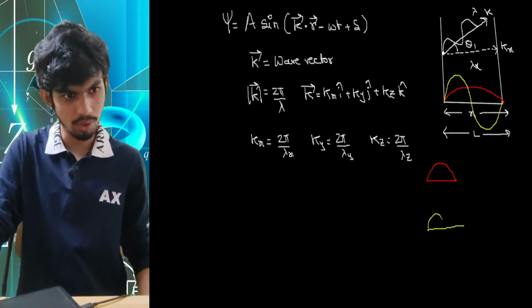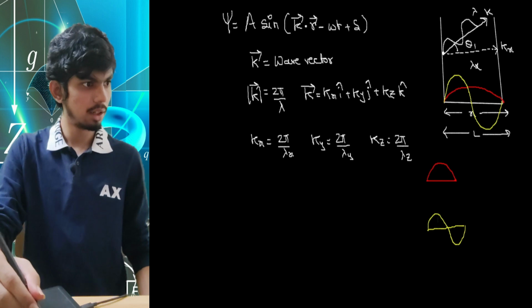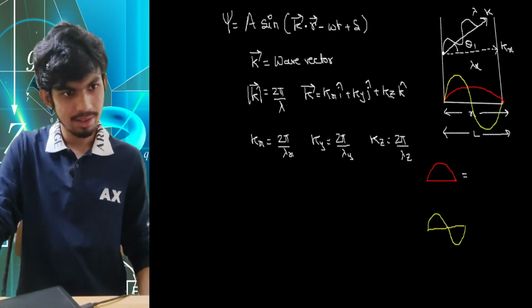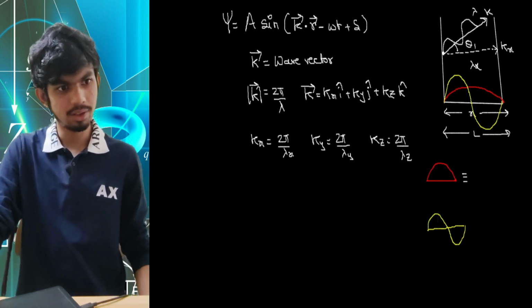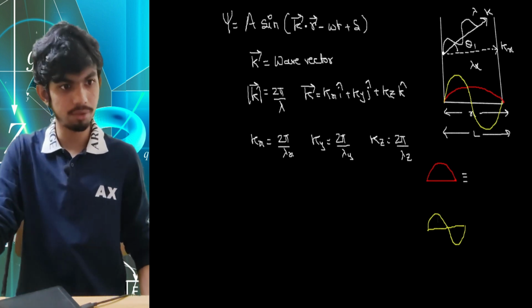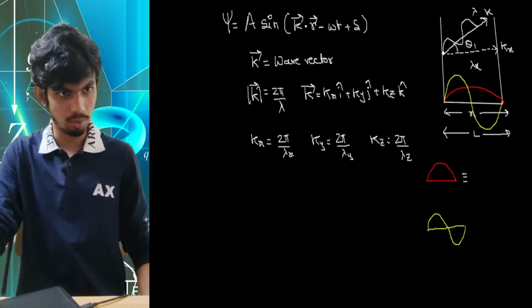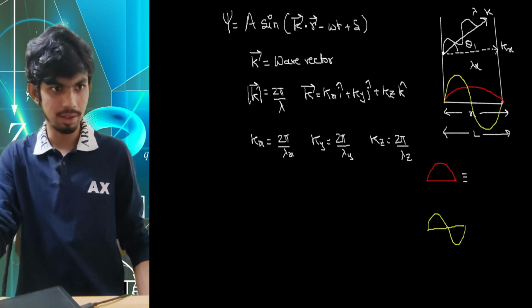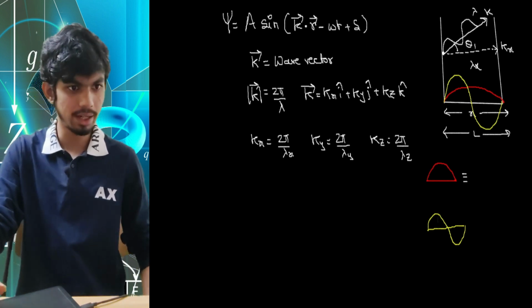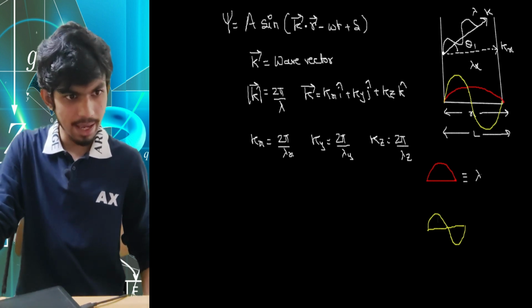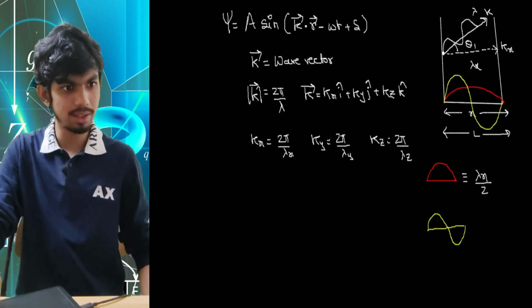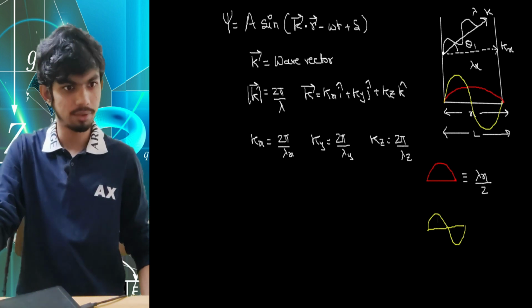So this is what the yellow wave looks like. Now notice that the length of this red wave is half of the wavelength, right? So this is basically lambda x by 2. Lambda x because I'm considering this wavelength along the x direction, right? So lambda x by 2 is basically the wavelength of this wave.